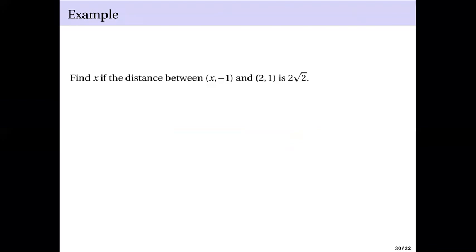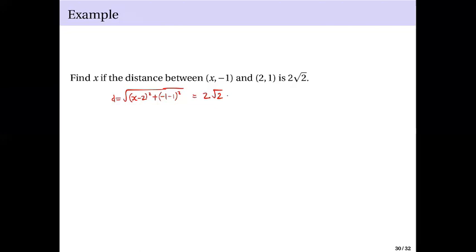We need the distance d, the square root of x minus 2 quantity squared plus negative 1 minus 1 quantity squared. This must be equal to 2 square root of 2. And then the same computation as in the previous example.